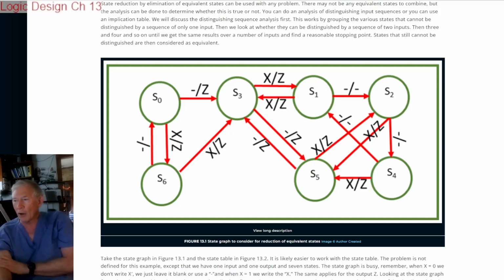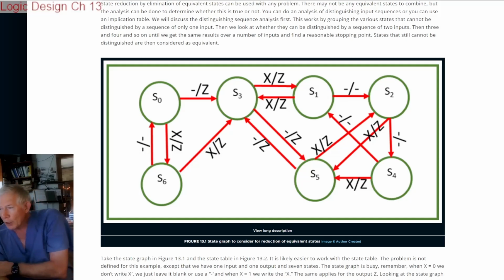Then on S2, if x is 0, we output z is 0 and go to S4. If we get a 1, we output z is 1. From S5, on a 1 we output a 1 and go back to S2. On a 0 we output a 1 and go to S3.